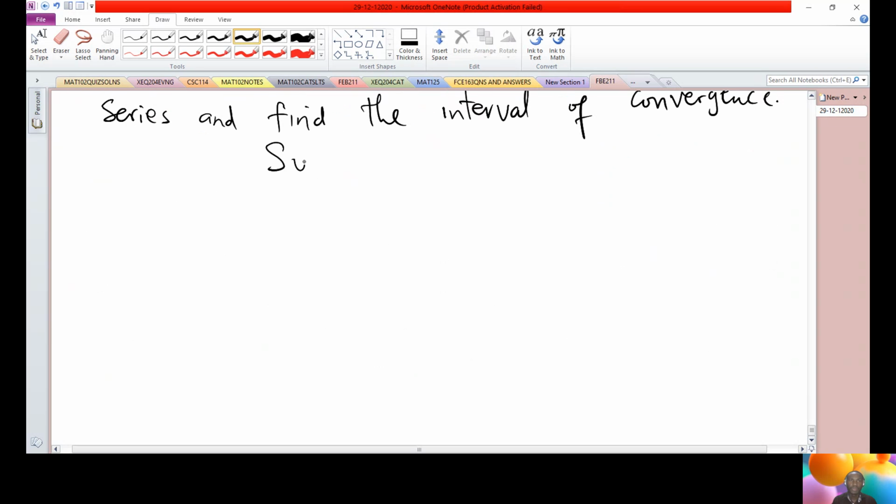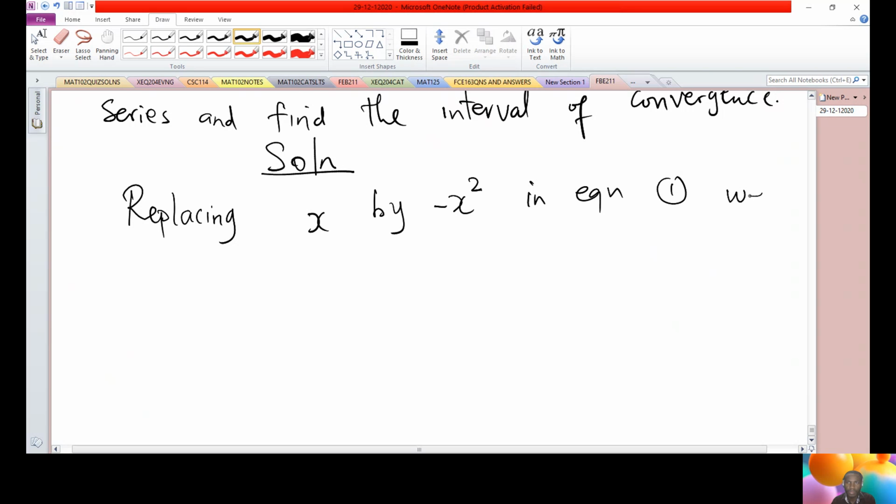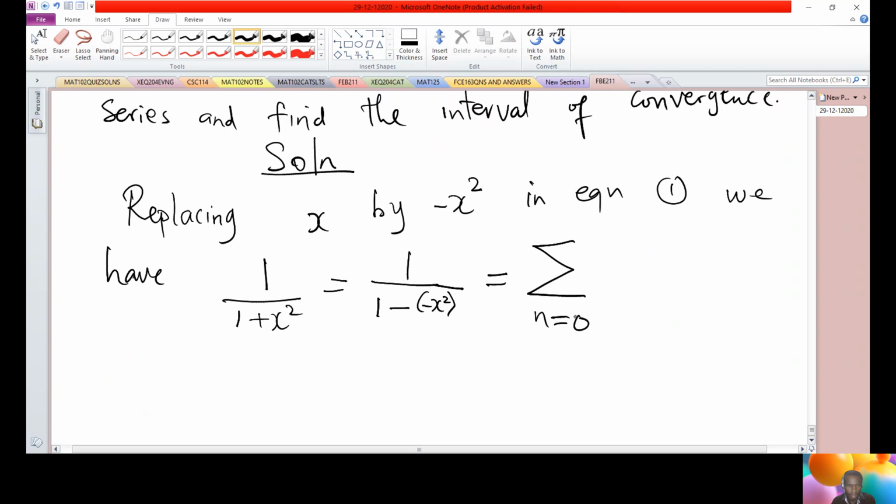So we are going to make use of equation 1. Replacing x by minus x squared in equation 1, we have 1 over 1 plus x squared is the same as 1 over 1 minus minus x squared, which will be the same as, if you pick the same format as in 1, this summation.